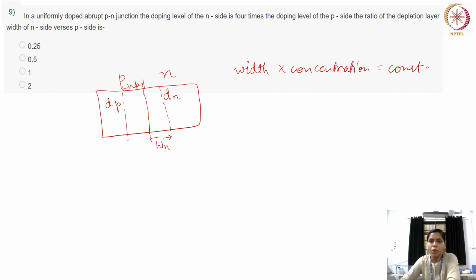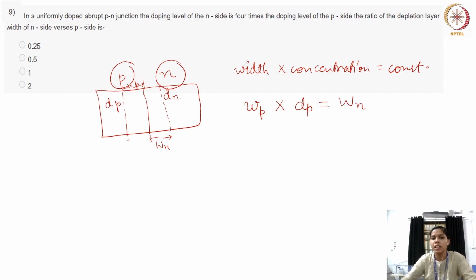I am talking here about the p side and the n side regions. So the width on the p side, Wp, multiplied by the doping concentration on the p side, Dp, will be equal to Wn, the width of the depletion region on the n side, multiplied by Dn, the doping concentration on the n side. Correct? So is this clear to everyone?